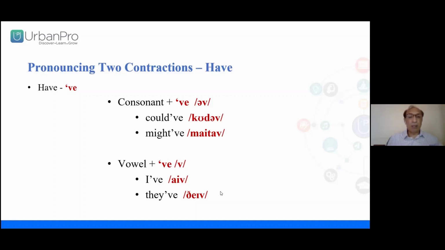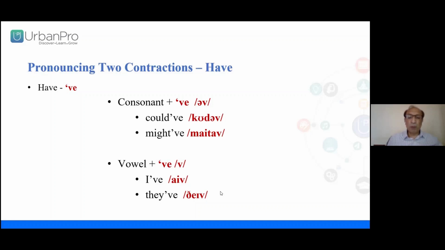Okay, now let's look at the implementation of have, how have is pronounced when it follows a vowel sound. Let me remind you, vowel sounds are A, E, I, O, U. Following a vowel sound, the contraction of have will be pronounced as a V sound. I have becomes I've.